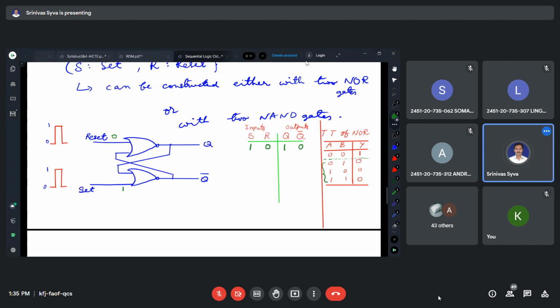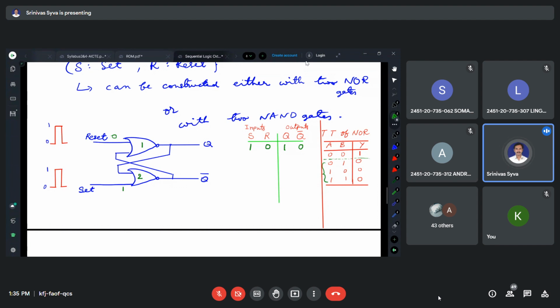So from this knowledge of the NOR logic gate truth table, here we can decide. Let us say this is NOR gate 1, NOR gate 2. So let us come to the NOR logic gate 2, the second logic gate.